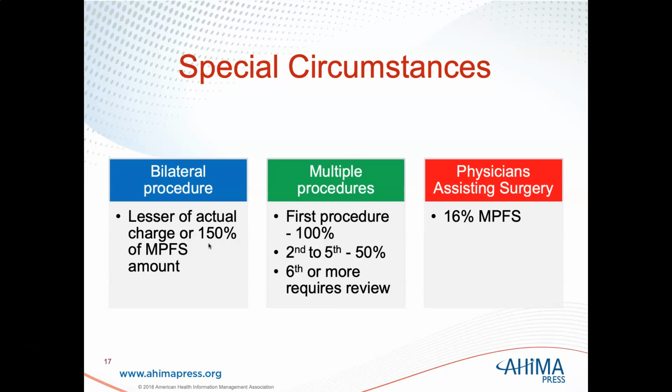There's multiple procedures. The first procedure is always paid at 100%, the second to the fifth at 50%, sixth or more requires review. And then physicians that are assisting surgery get 16%. Make sure that you know about the bilateral procedure and the multiple procedures when it comes time for your quiz.